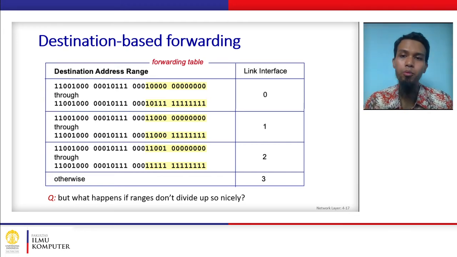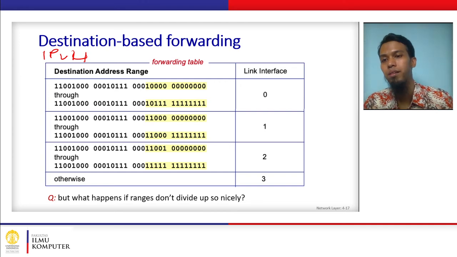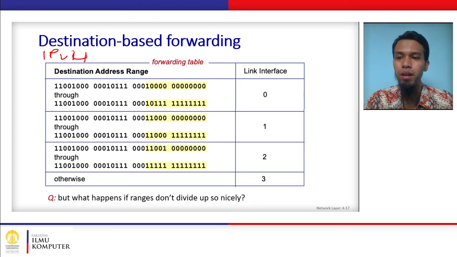So let's say we can define a forwarding table as follows. We'll talk about the structure of IP address later, but as we can already see here, IP version 4 consists of 32 bits, divided into 4 bytes.